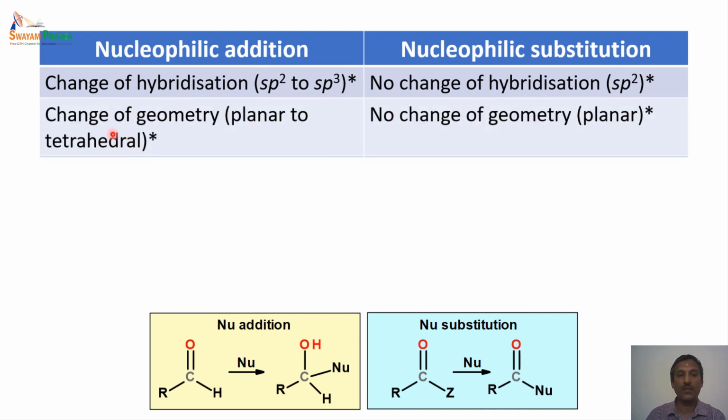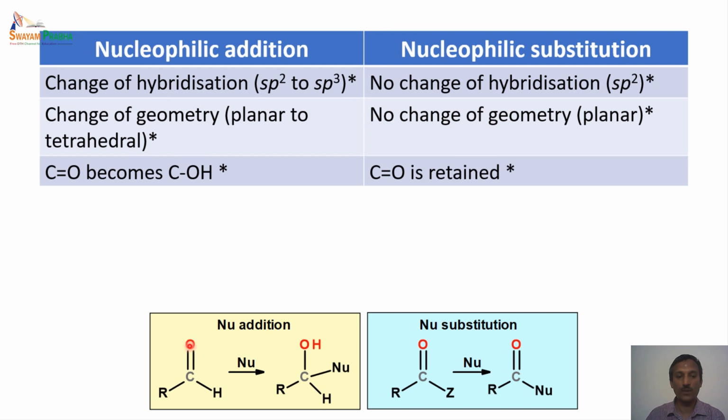As I mentioned, there is a change of geometry from planar to tetrahedral. When it goes from aldehyde or ketone to the nucleophilic addition product, there is a change of geometry. Because of the presence of a small hydrogen group, the change of geometry is accommodated in the case of aldehydes and ketones. In the case of ketone, there is a small alkyl group, so addition is possible in that case also.